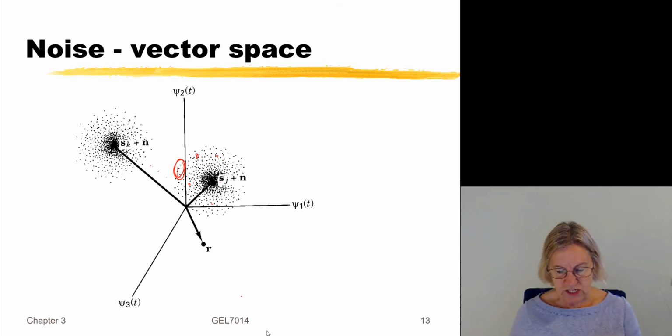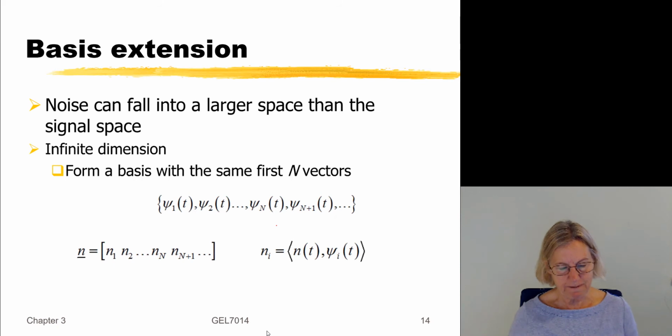But now the question is, how do we deal with noise in the vector space? Because as I mentioned, noise does not necessarily fall in the signal space. Noise can be anywhere. It doesn't have the structure that it's only one of several signals. So the noise space is of infinite dimension. It can fall anywhere, which means that I have to have an infinite number of basis vectors to span this infinite dimensional space.